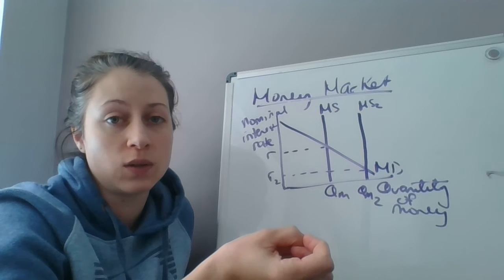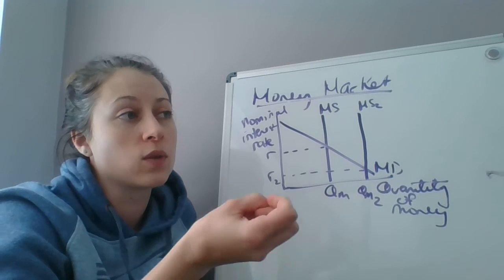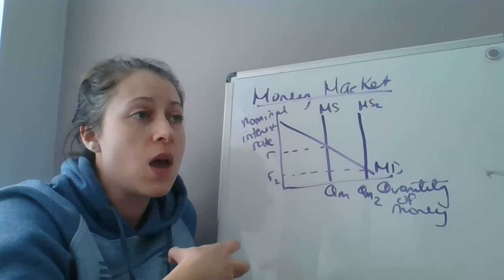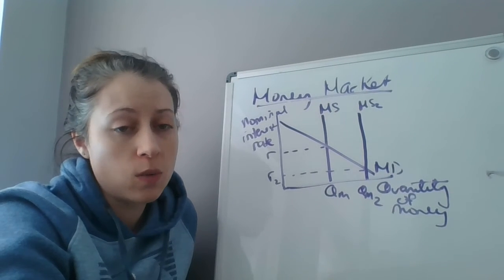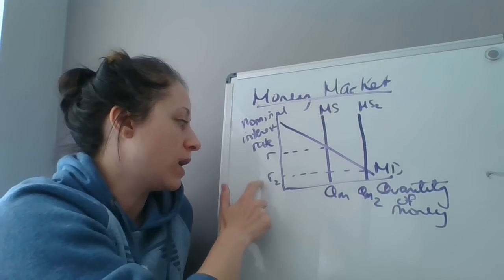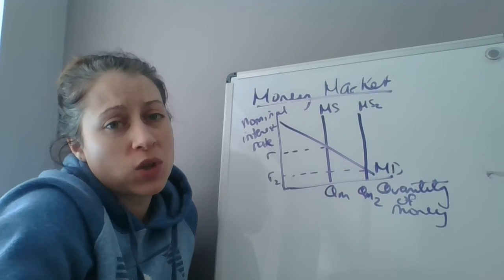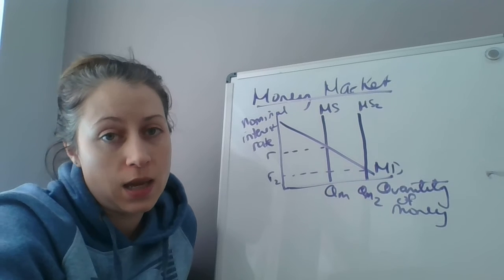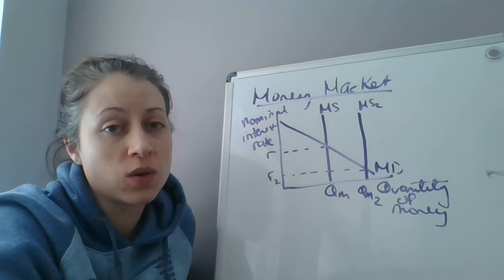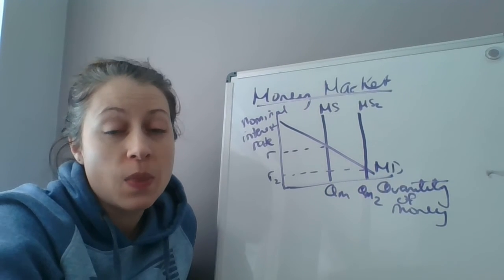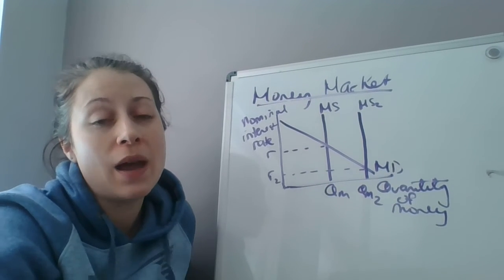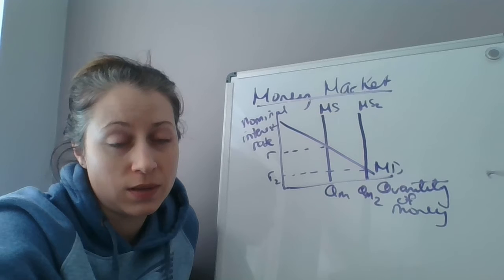Which is why this is different than loanable funds, because people might have money that's saved, but they're willing to use their own money, not just take out a loan, when interest rates are lower because it's not saving much in the bank. So they might as well just take it and spend it. And if they're taking this money, whether it's borrowed or their own money, and they're spending it, then aggregate demand will shift to the right.